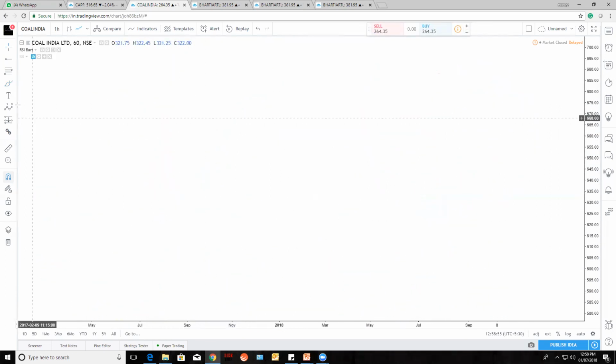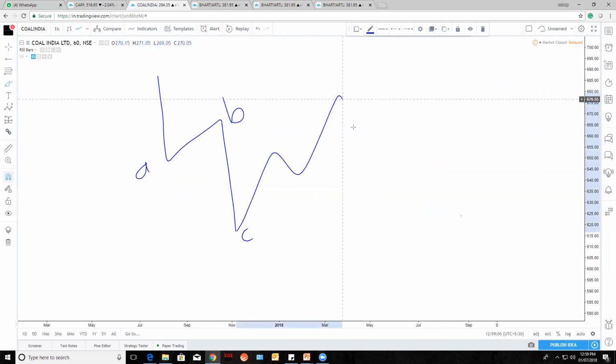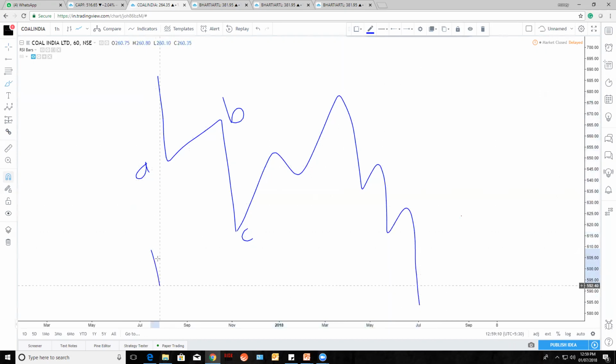What they told, for a flat correction, you have only 3 structures, that is a simple A, a B and C. After that you get a correction, and after that, one more correction. So this is how the flat will look like. Let's say this is A, this is B and this is C. Getting?